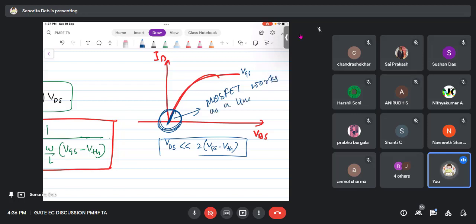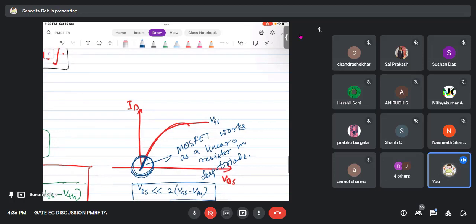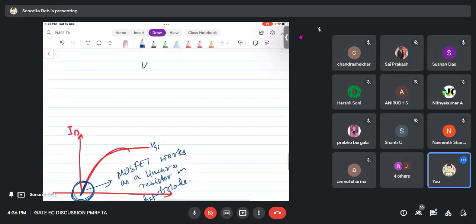in deep triode, in triode region, where VDS is very less than 2 times VGS minus VTH. Okay, it cannot be just less than, so I should not say it should be deep triode only. So there will be these regions: VDS less than VGS minus VTH, VDS very less than 2 times VGS minus VTH, VDS greater than VGS minus VTH.